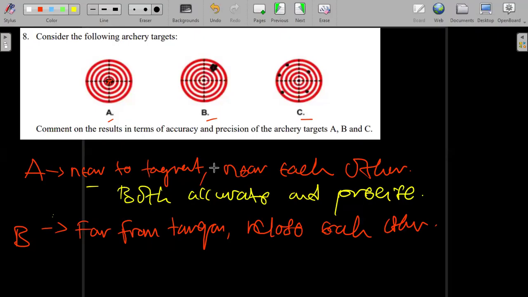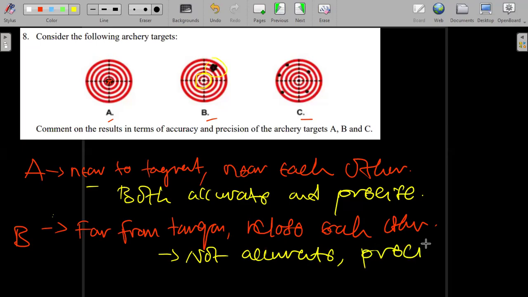Since they are far from the target, here at the center, we are going to say not accurate. But they are close to each other there, so we are going to say precise. So they are not accurate, but they are what? Precise.